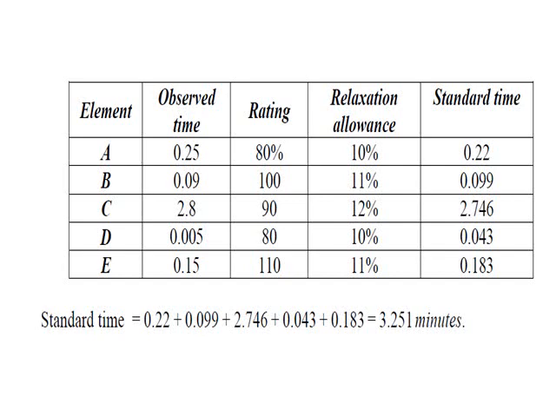So what is standard time? 0.2 plus 0.02, that is 0.22. Like that we can find the standard time of each element. So what will be the standard time of the component? The sum of standard times of each element: 0.22 plus 0.099 plus 2.746 plus 0.043 plus 0.183, that is 3.251 minutes. It is clear.